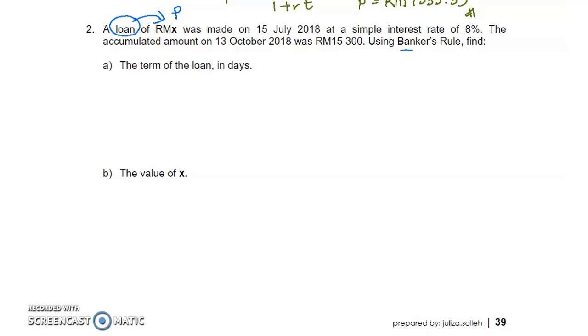Again, remember banker's rule means using ordinary simple interest or exact time. What information is given here? Rate 8%, accumulated amount 15,300. The accumulated amount is value S, the value at the end of a certain period.